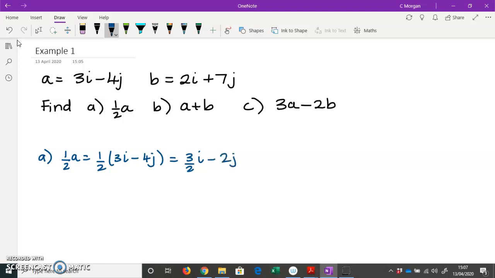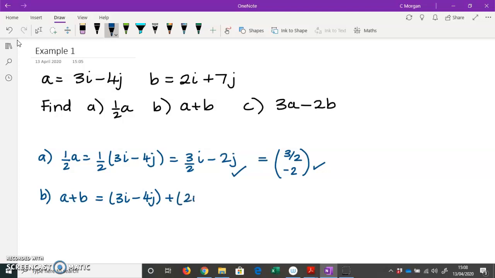It's absolutely fine to leave it in that form, but if you wish to, you can write it in column vector notation, and then it would be 3 over 2 and negative 2. So by writing it in those two different forms, we're getting used to seeing it written in two different ways. Vector a plus b, well, I'm going to have to add vector a, add that to vector b.